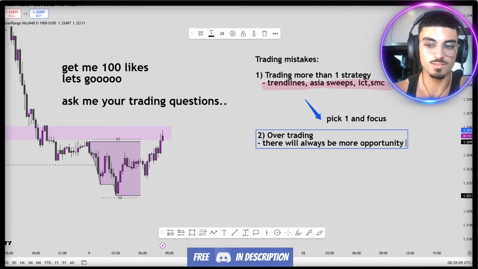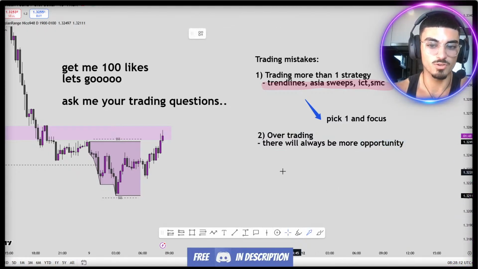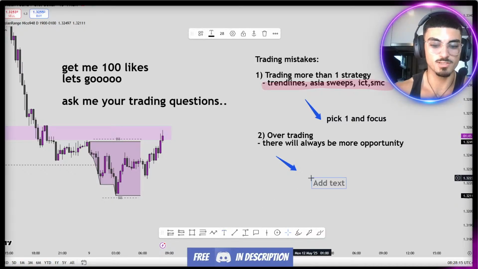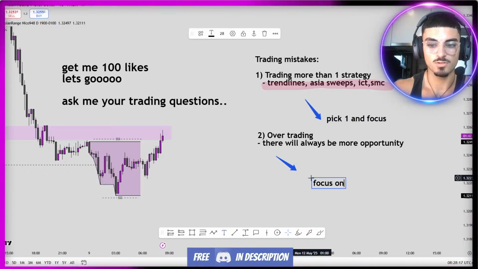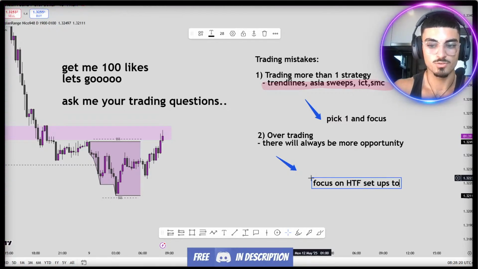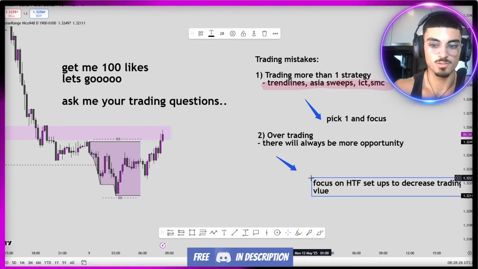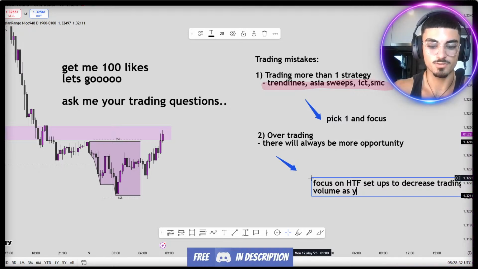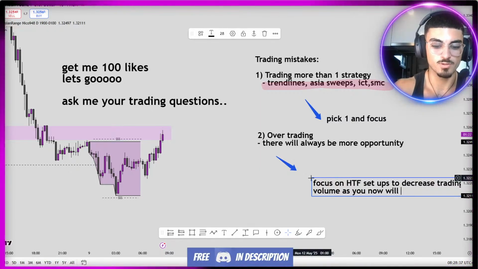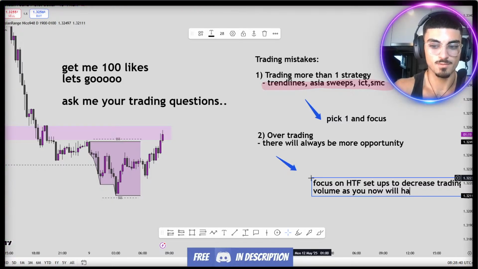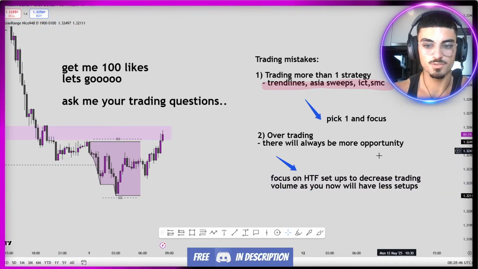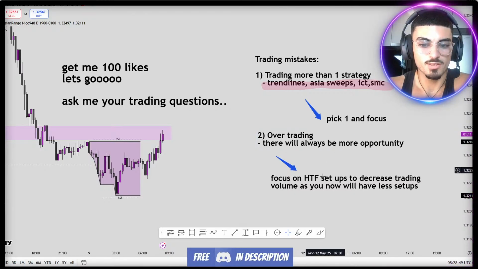And that sort of leads into the next part, which is focus on the best quality setups. Focus on higher time frame setups to decrease trading volume, as you will now have fewer setups. So I think that makes sense.